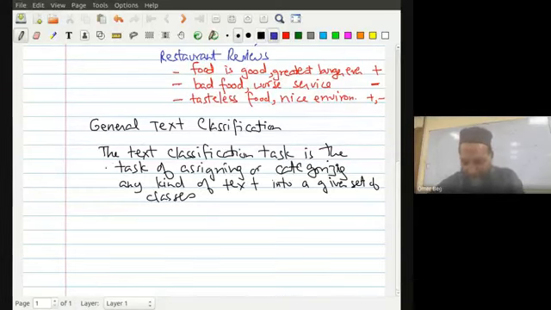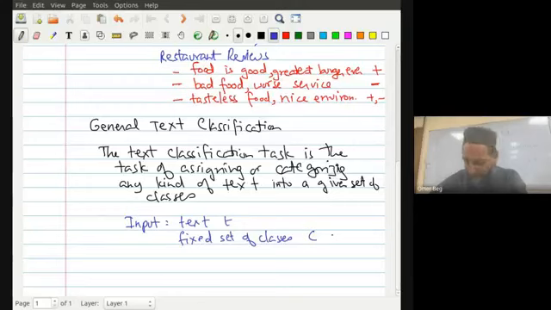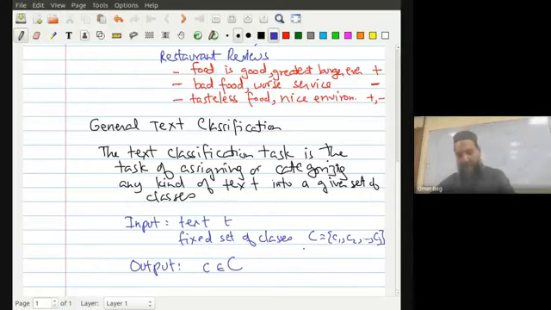If I formalize this a bit, what you have as input is some text T, and you have a fixed set of classes, let's say C, which is C1, C2, all the way to C of J. And the output that you want from a classifier is some class C from this set of classes that we defined above.